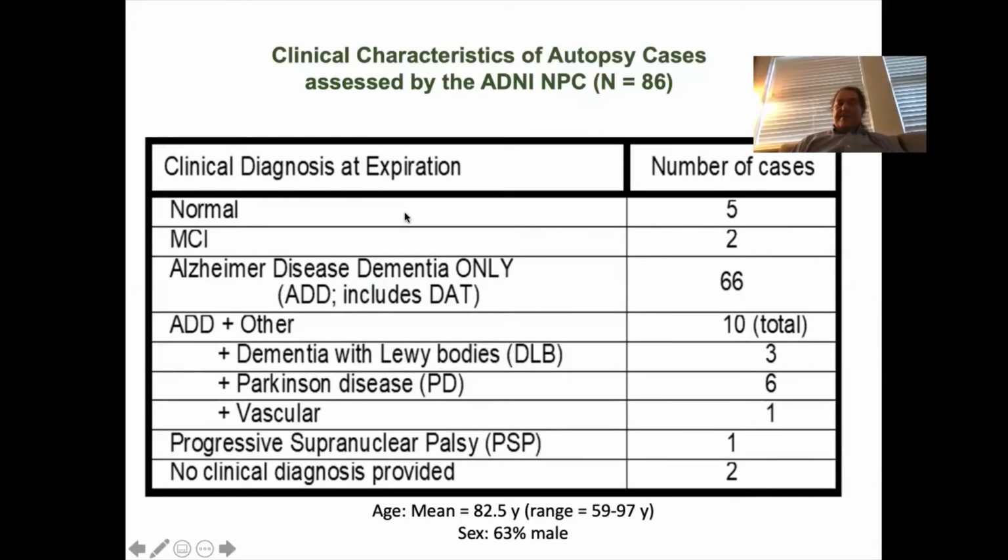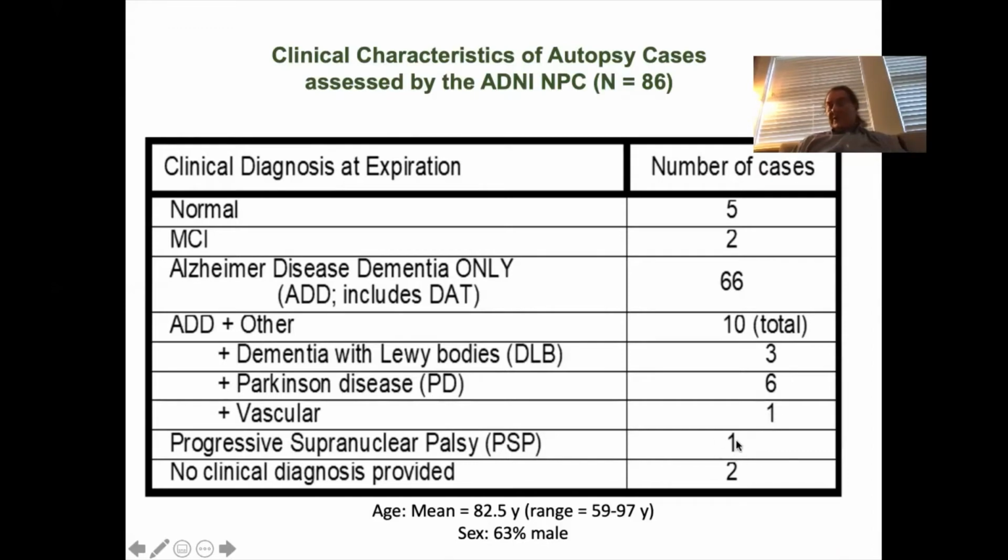Of the 86 people we have autopsy on, we're looking at their clinical diagnosis. 5 of those who died were normal, and 2 had MCI. 66 of the people who died with Alzheimer's disease dementia were thought clinically to have pure Alzheimer's dementia. But 10 of them were diagnosed clinically with dementia with Lewy bodies, or DLB, Parkinson's disease, and one participant was clinically diagnosed as vascular dementia.